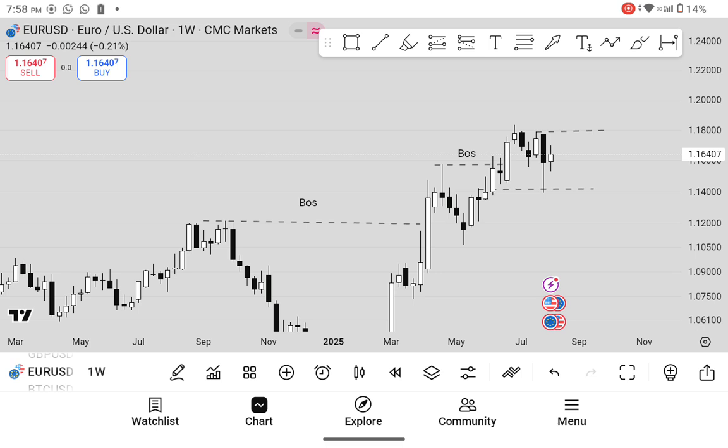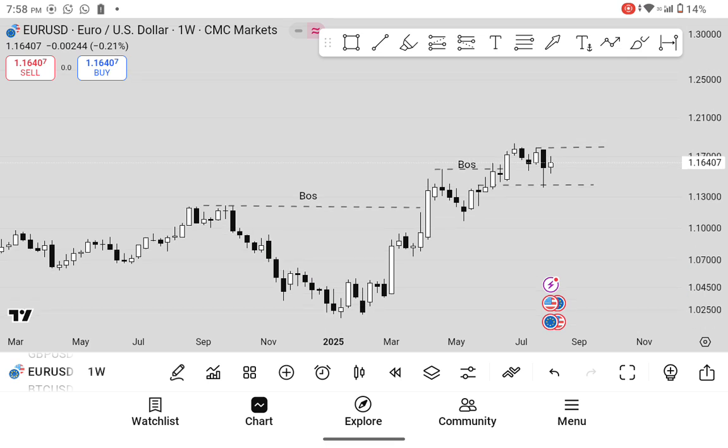Because a lot of people lose money in forex not because they don't know how to trade, but because they don't put their confluences together. You need to have a system on how you approach the market. The forex market has a lot of systems, being a demand and supply trader, trend line trader, support and resistance. Always make sure your confluences are aligned and be patient and wait for price. So let's continue, guys.